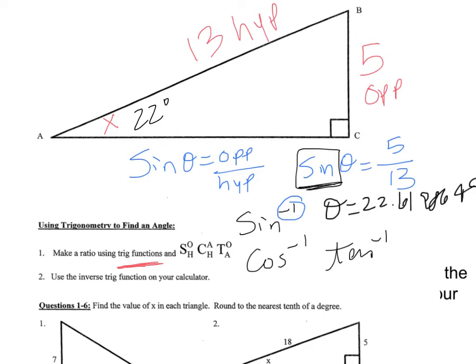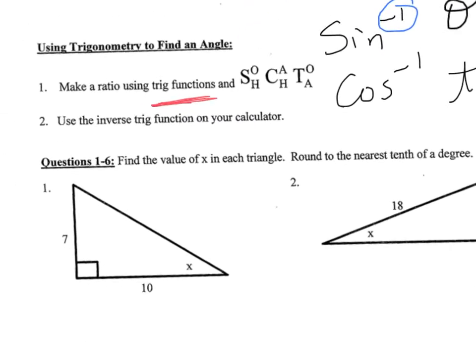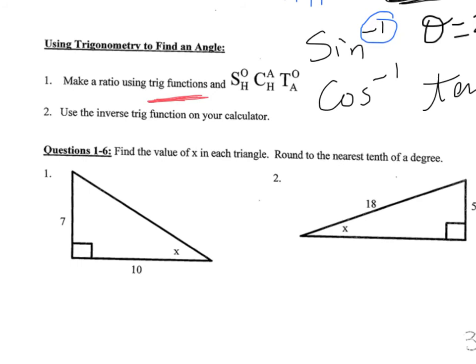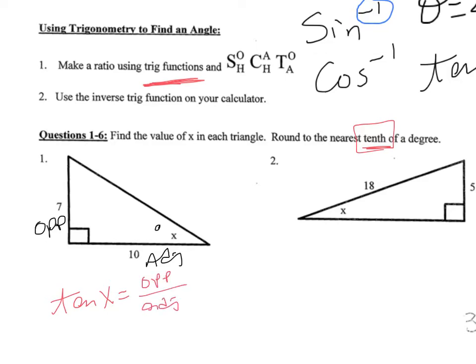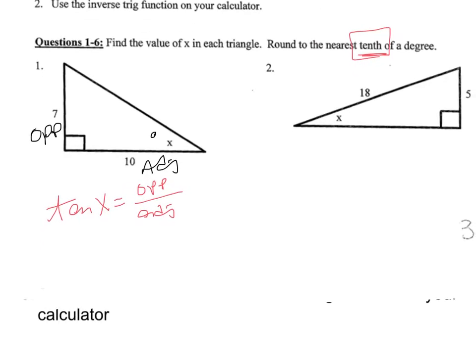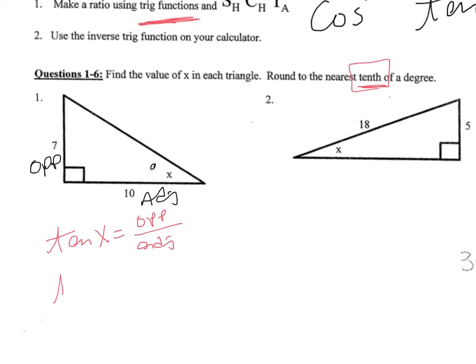So let's take a look at another couple of examples, and we'll start with number 1. Find the value of x in each triangle, rounding to the nearest tenth of a degree. Be careful, this one says nearest tenth of a degree. I'm starting here. This is my opposite, and this is my adjacent. Which trig function deals with opposite and adjacent? You got it, it would be tangent. So tangent of x is equal to opposite over adjacent, and then you write tangent of x equals 7 over 10.